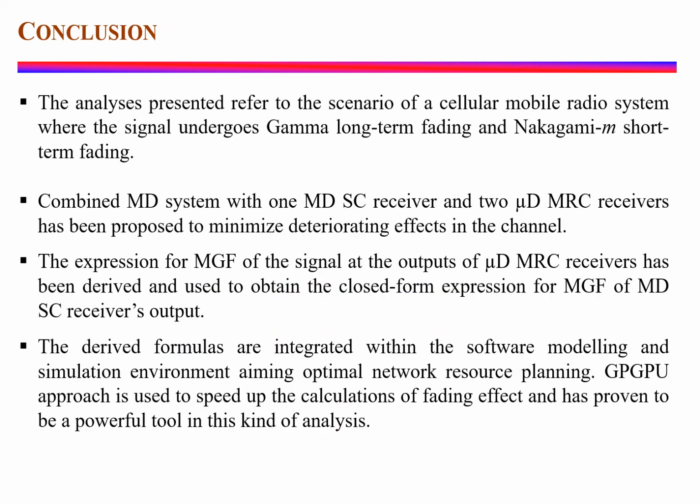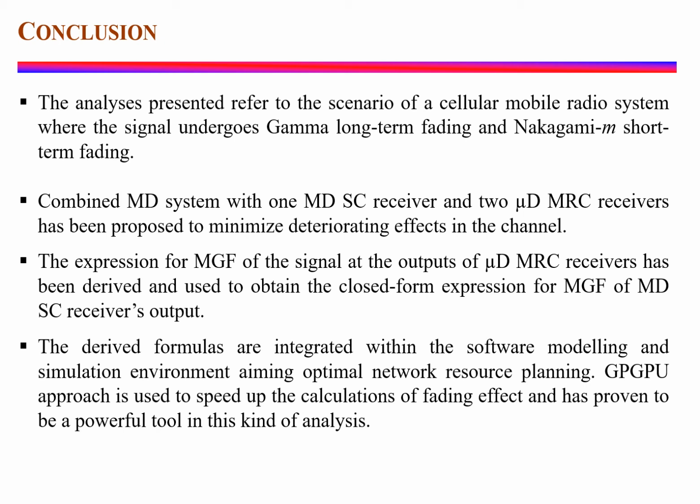Now let's sum up. The analysis presented in this paper referred to the scenario of a cellular mobile radio system where the signal undergoes gamma long-term fading and Nakagami-m short-term fading on the other side. Combined macrodiversity system with 1 macrodiversity selection combining receiver and 2 microdiversity maximal ratio combining receivers has been proposed to minimize the effects of this fading channel.